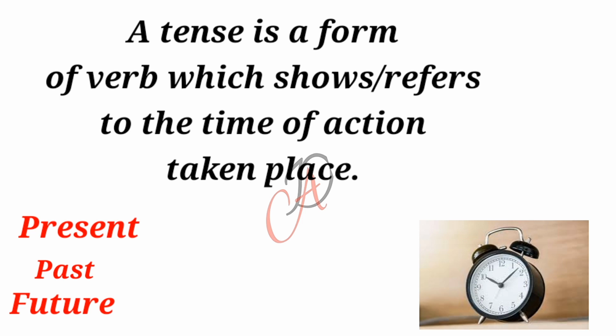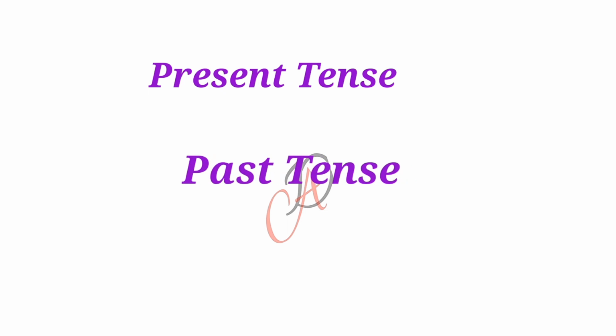Based on the action taking place, we have divided the tenses into three main types. The first one, present tense; the second one, past tense; and the third one, future tense. Based on the usage of tenses, each main tense is subdivided into four subtenses. So let's see each one of them. The first one, present tense.